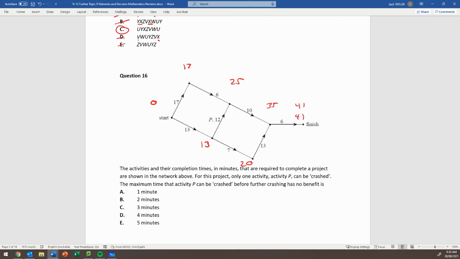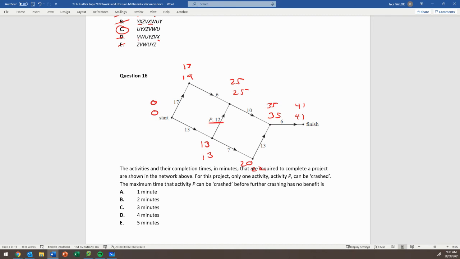So 41, 35, 22 down here, 25, 13, 19, and 0. All right. So the critical path here is a total of 41. So that's the earliest completion time.